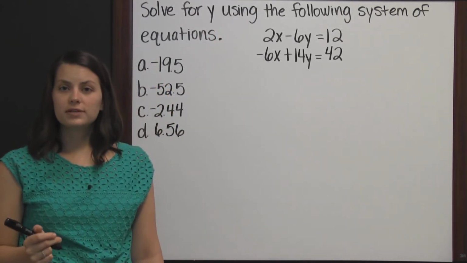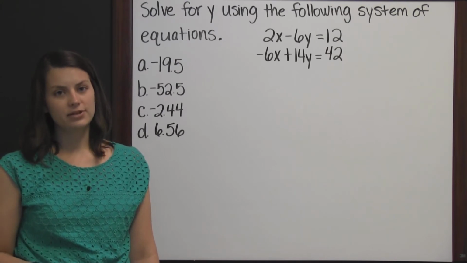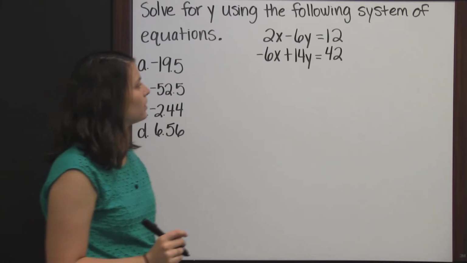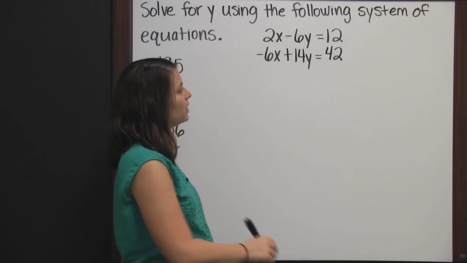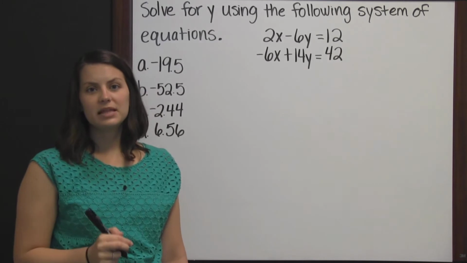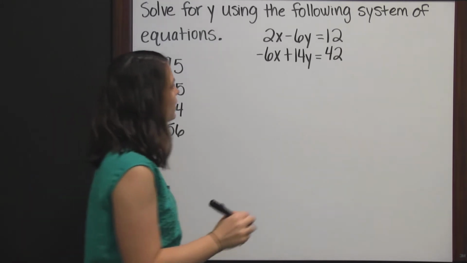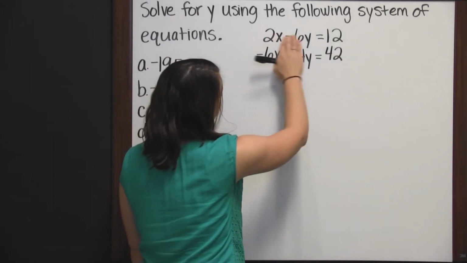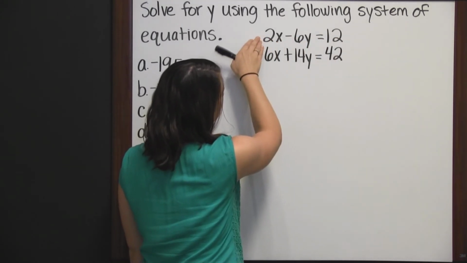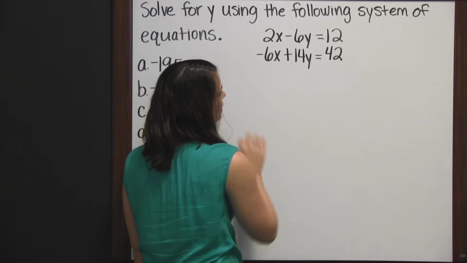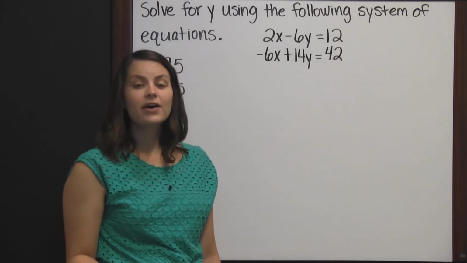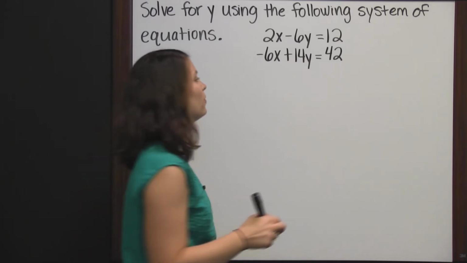But you can also use substitution or elimination. And it's really your choice which one seems the best for the situation. In this situation, elimination seems to be the easiest choice. Because if I multiply this top equation by 3, I'll have a positive 6x term and a negative 6x term that will eliminate, thus allowing me to solve for y.